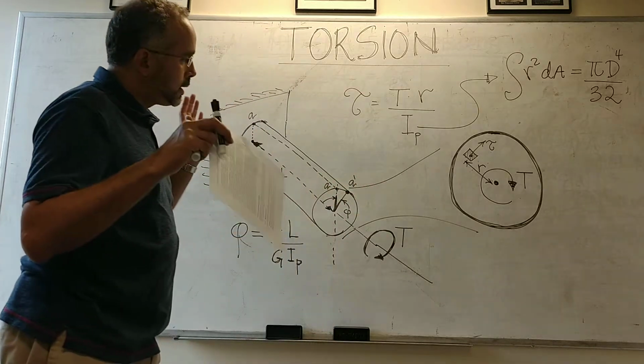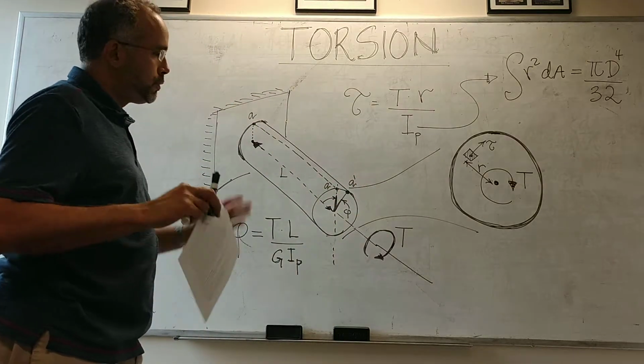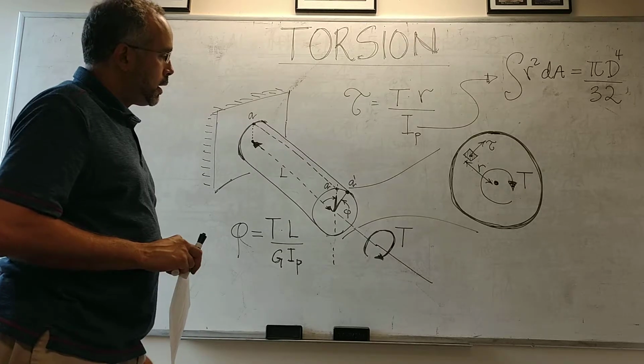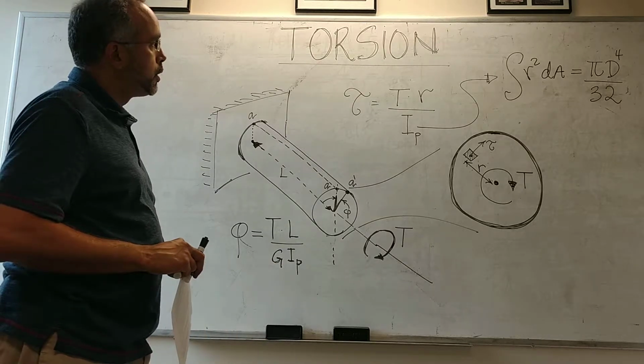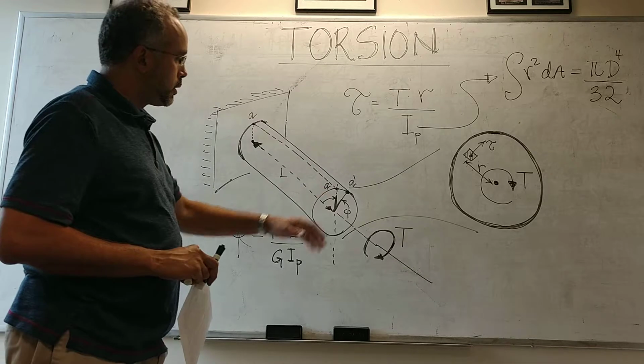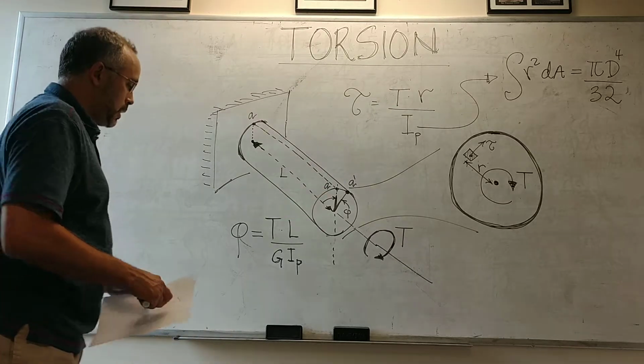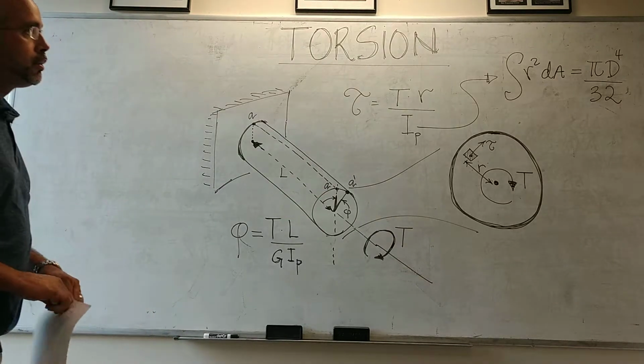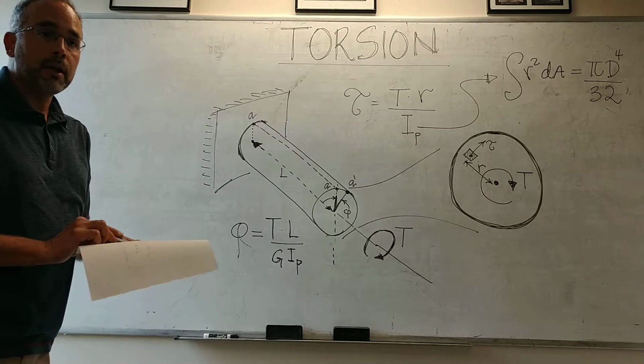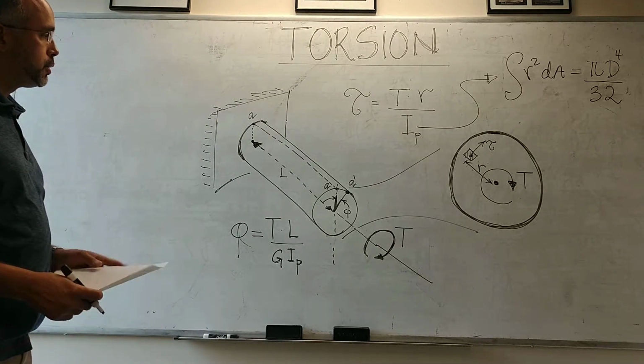So these are basically the two fundamental, essential formulas for torsion in circular shafts. I'm going to just solve a simple problem here that would sort of illustrate how you use these formulas.